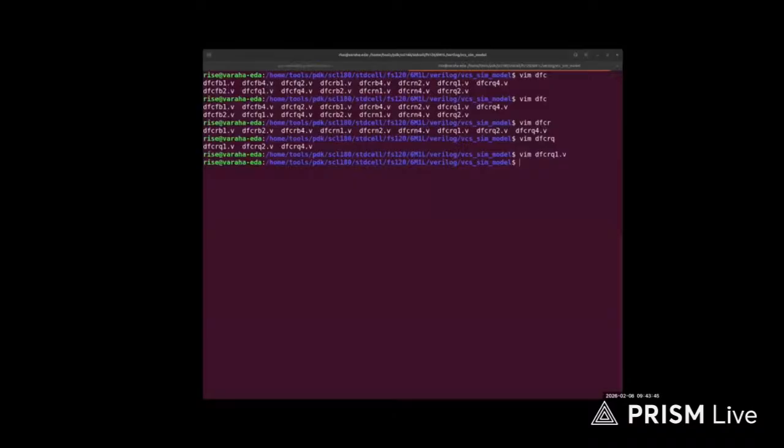Then you will have to replicate the test bench that you have written for RTL for this particular purpose. It depends: if your test bench is Verilog, you need not modify it. If your test bench is in VHDL, then you have to write a test bench in Verilog for this. Got it, sir. Thank you, sir. Okay, good doubt. Nice question.